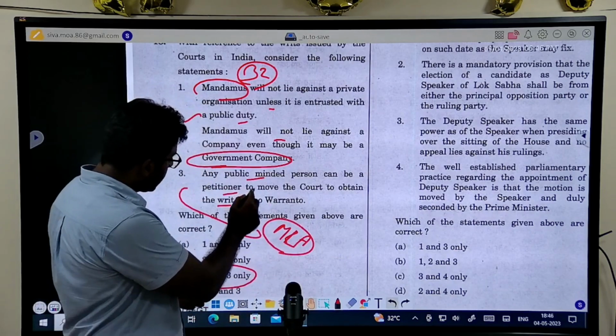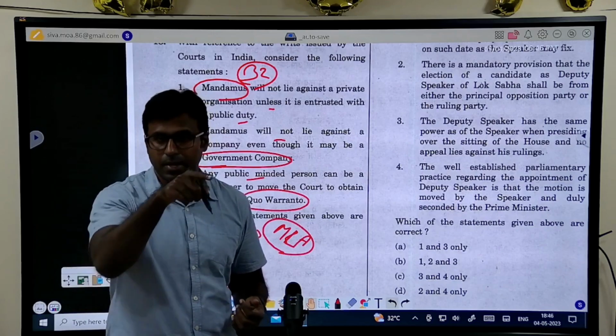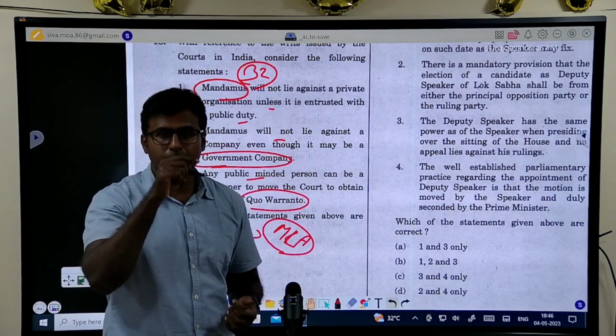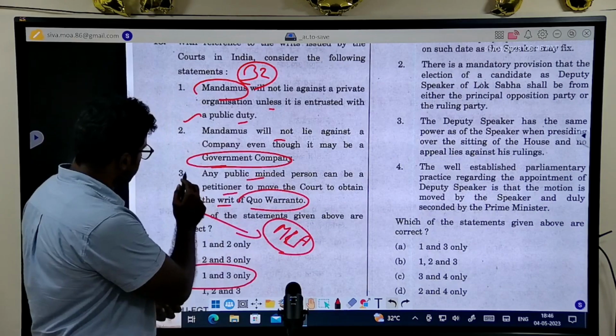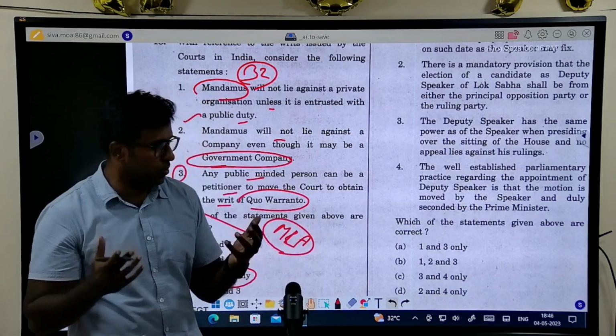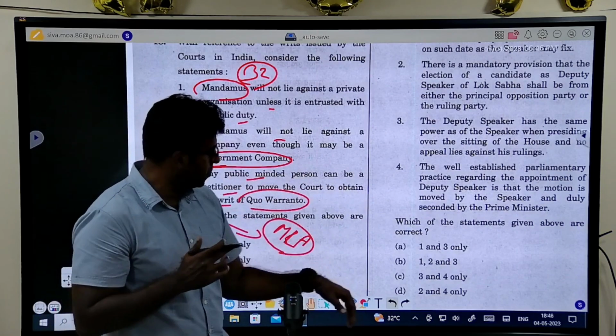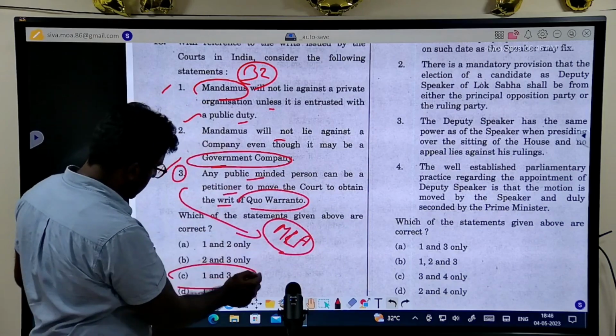You can actually go and ask for quo warranto: under what warrant, under what authority are you there, being my MLA. This is a fact. You have the authority. A public-minded person can go. So this is there, this is there. 1 and 3. C is the answer.